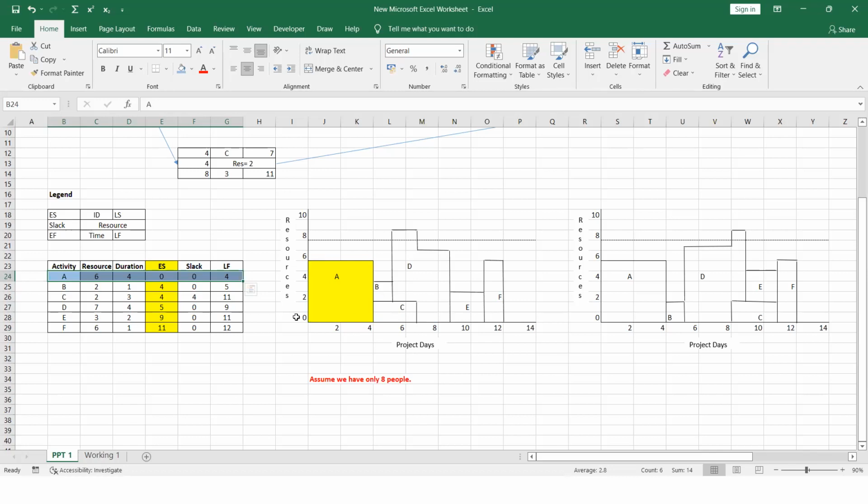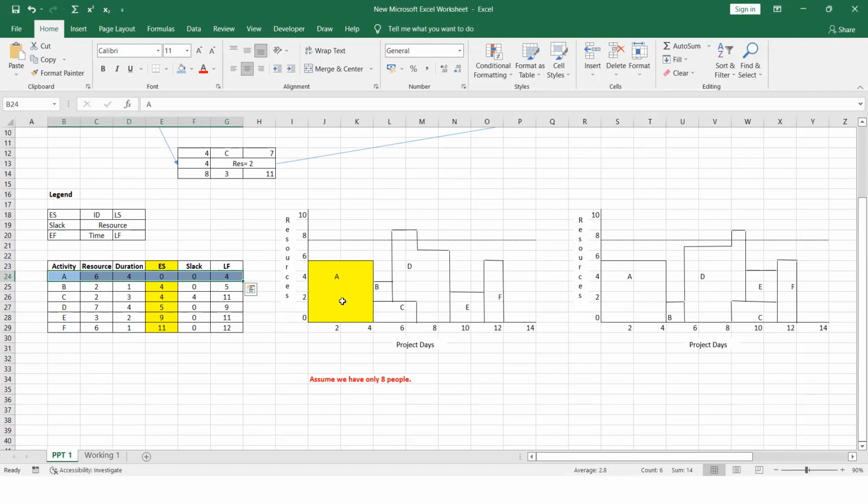In the C activity, you can see the duration is 3. So we are now here at 4. After adding the duration, for the 4 you have to add 3. That means it should go up to the 7. And the activity C is requiring 2 resources.